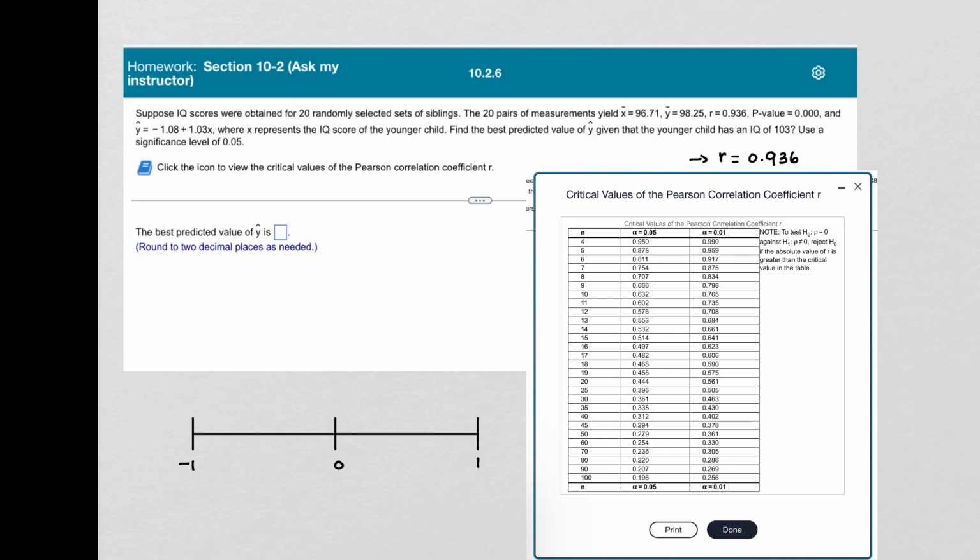So that's what I'm going to mark on my number line. I have a negative 0.444 and a positive 0.444. And then I'll look at where the correlation coefficient is located, and that is here.